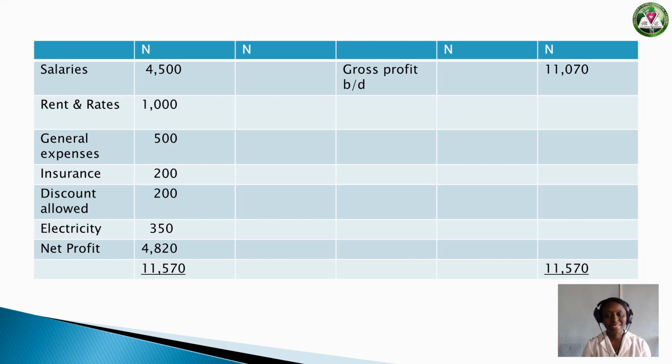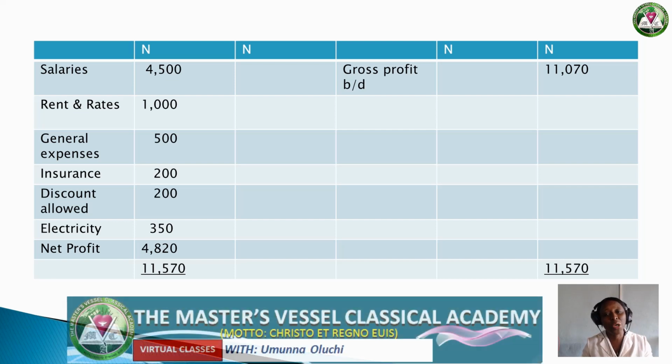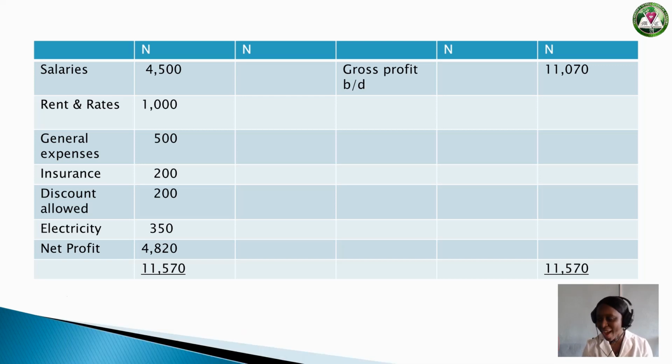Now, let's go over to the right hand side. There we have our gross profit. Is there any income to that organization? When you go through an organization, apart from their expenses, apart from the gross profit, check now. Scan through. Yes, we have discount received.